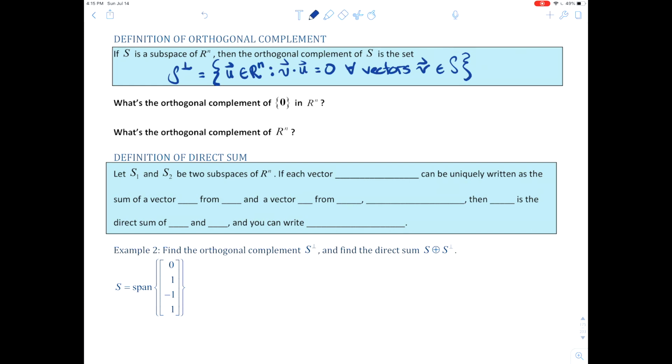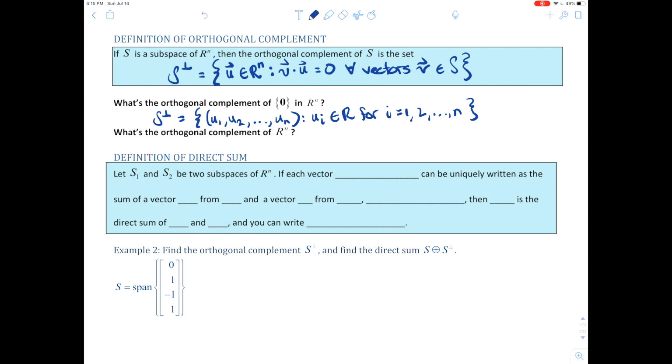So in a set format, what would we say? We would just say the orthogonal complement of S would be U1, U2, all the way down to UN, such that ui belongs to the real numbers for i equal to 1, 2, all the way down to n.